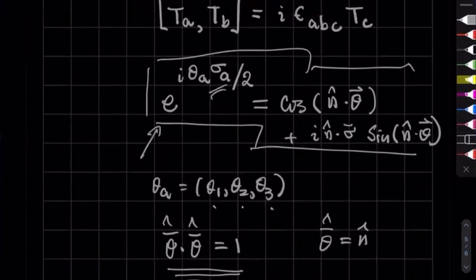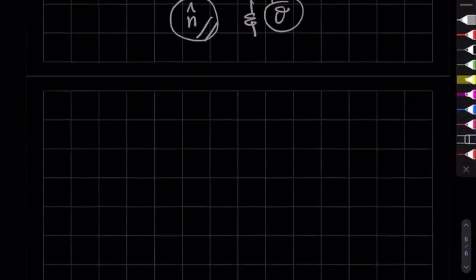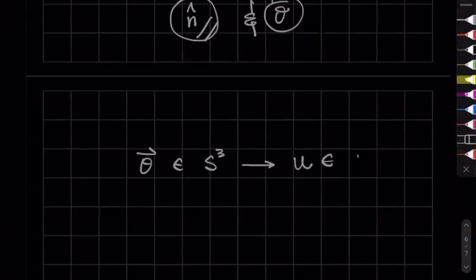The details are not important. What's important is that given a point on your manifold S3, we get a group element G in SU2 by this method.